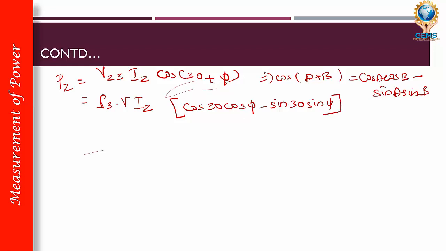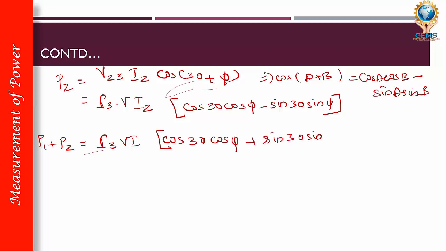To find out the power factor, I should first add the powers. So P1 plus P2 is root 3 VI (cos 30 cos 5 plus sin 30 sin 5), taken from the previous derivation, plus root 3 VI, which is common, so it is taken out, (cos 30 cos 5 minus sin 30 sin 5).